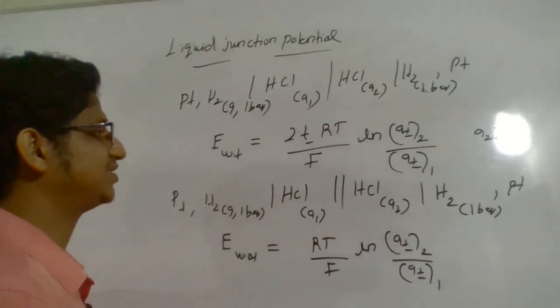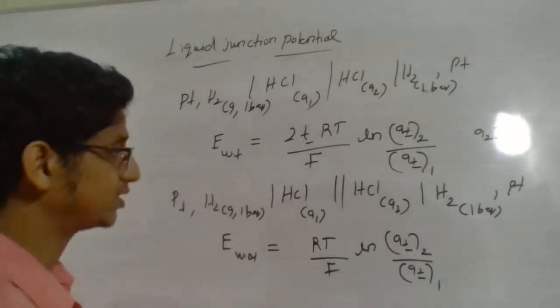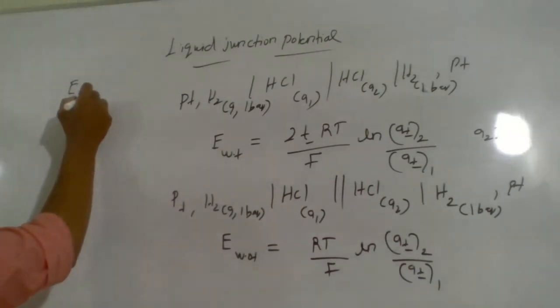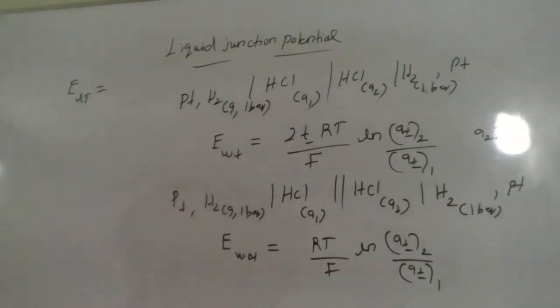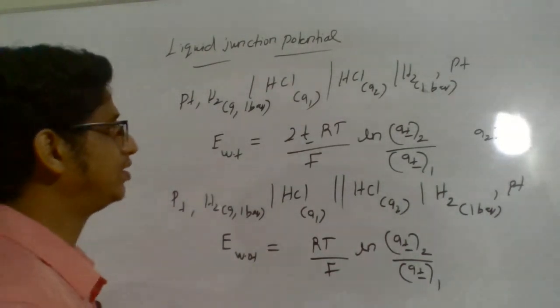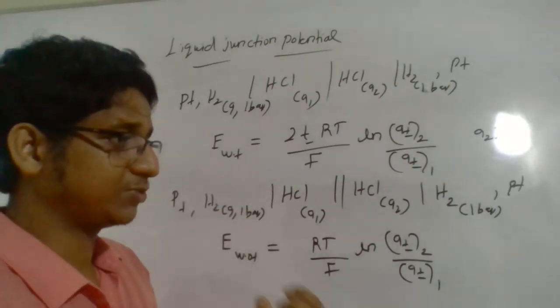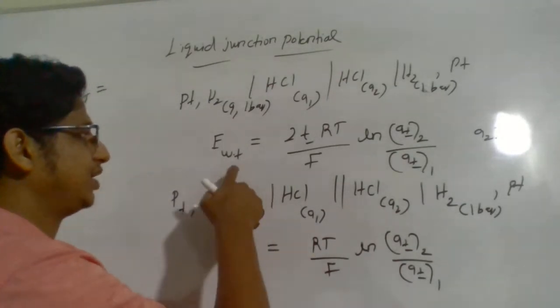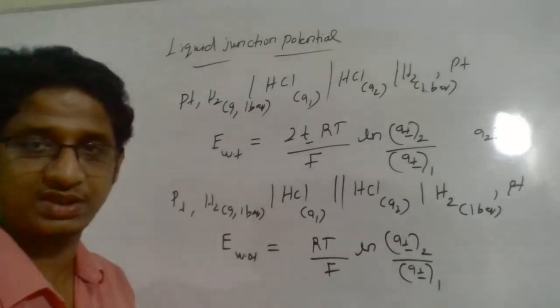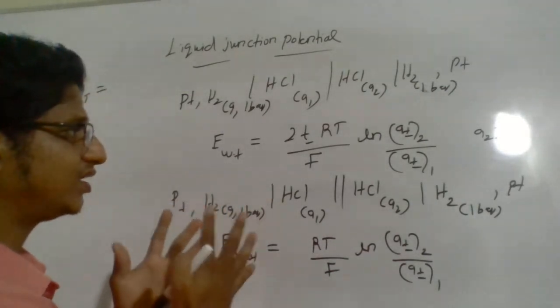Now let us get an expression for the liquid junction potential. You can easily derive it from E with transference minus E without transference, because there is no other difference.